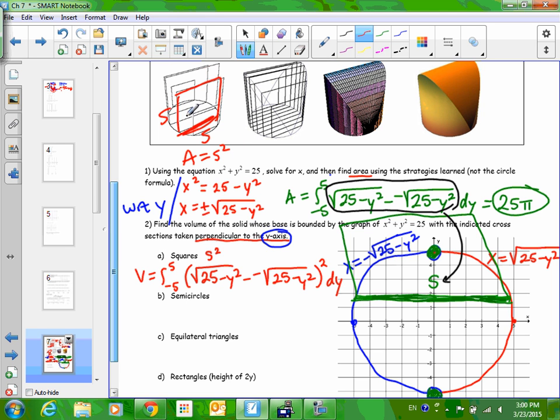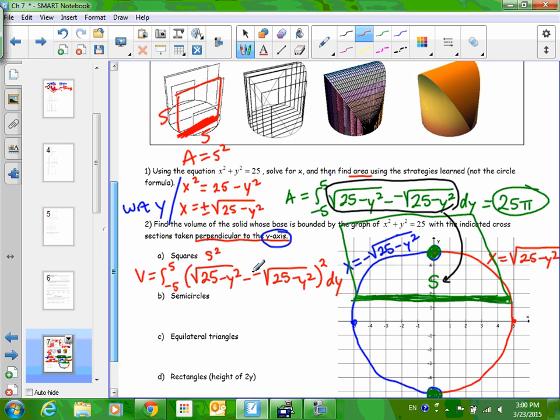Well, what is the distance between side to side? It's right curve minus left curve in general. Or it's top curve minus bottom curve if we're doing this with respect to x. Because these are changing. If I drew this rectangle somewhere else, it would be a different length. They're really big in the middle of the picture and really small towards the edges. That's why we can't just say a number squared.